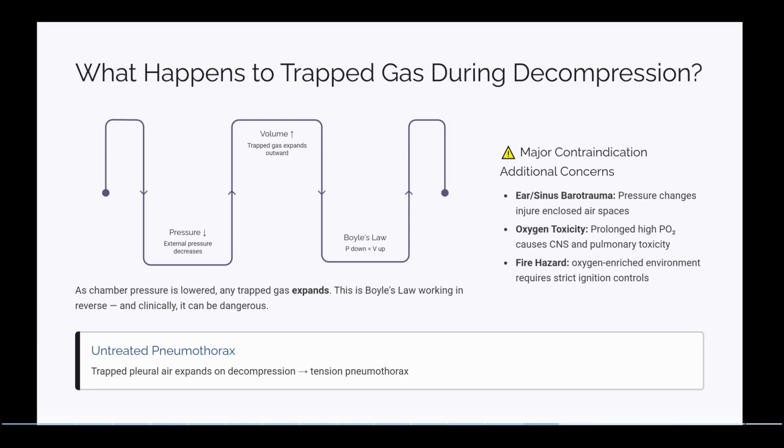Question before we move on: why would a gas bubble inside a blood vessel and a pocket of gas inside the pleural space respond in opposite ways during hyperbaric treatment? So remember that compression shrinks the bubble while pressure is high, but trapped pleural gas is a danger on the way back up when pressure falls and that gas expands.